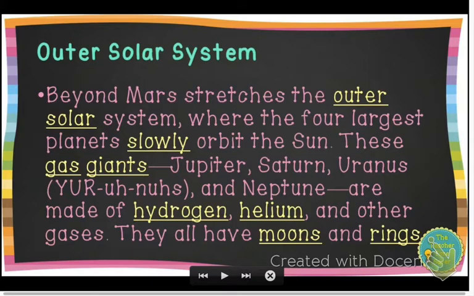Beyond Mars stretches the outer solar system, where the 4 largest planets slowly orbit the Sun. These gas giants, Jupiter, Saturn, Uranus, and Neptune, are made of hydrogen, helium, and other gases. They all have moons and rings.